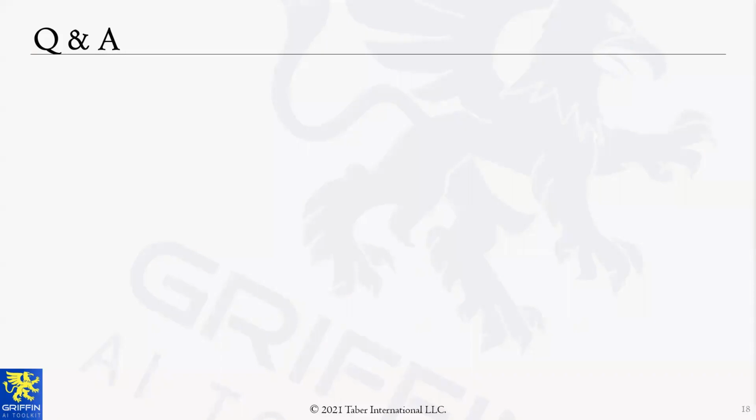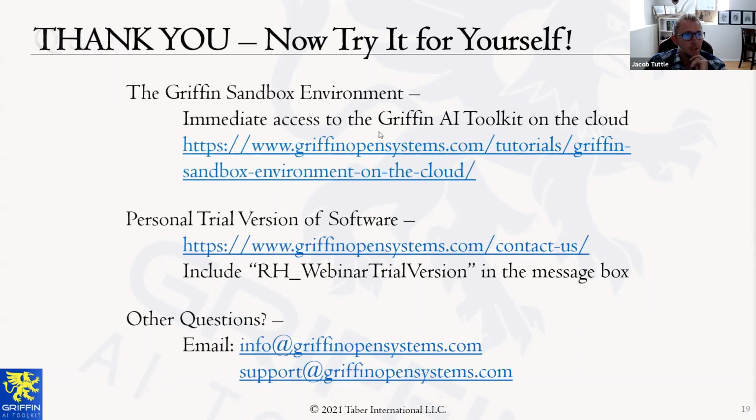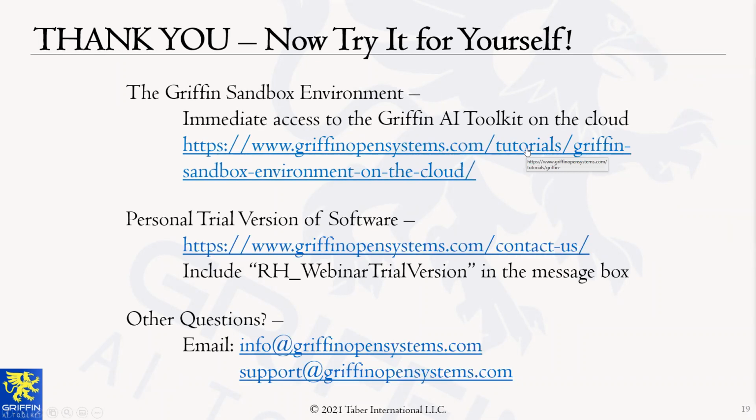Were you going to talk about getting hold of the toolkit? Yeah, maybe I'll do that while we are waiting for a few questions or letting people think about what we've discussed so far. So we have a couple of different methods that you can get a hold of a version of the toolkit to experiment with it for yourself.